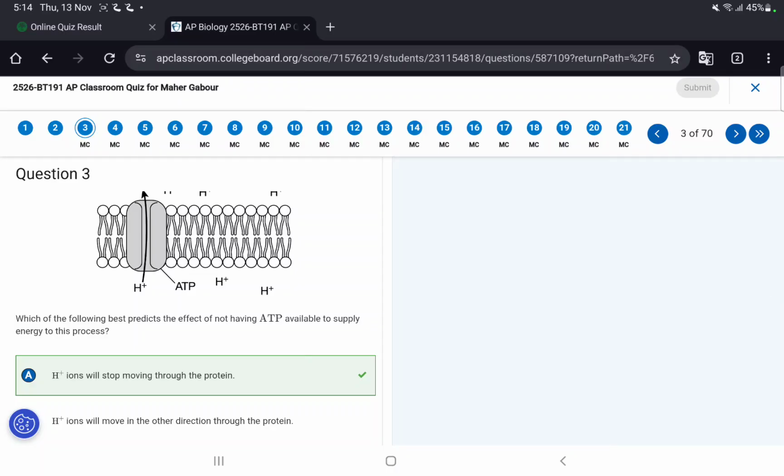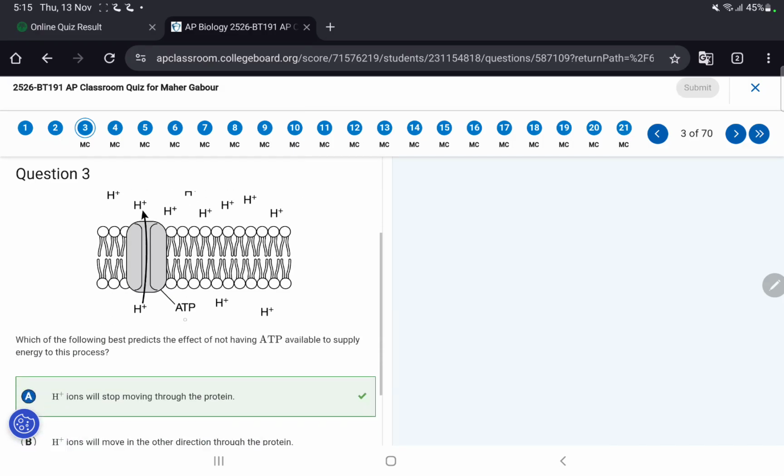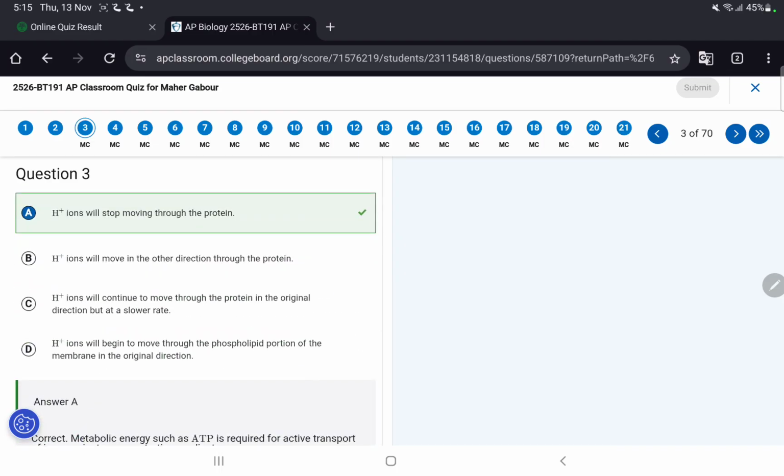If we remove the ATP, the H plus ions will stop moving through the protein. Now you're going to ask, why don't the H ions start to move from high to low? Why don't they start diffusing? You don't know if they'll actually start diffusing or not. You can't guarantee it. They didn't tell us that it can. They're telling us with ATP, the H plus will go from low to high. Without ATP, it will stop moving.